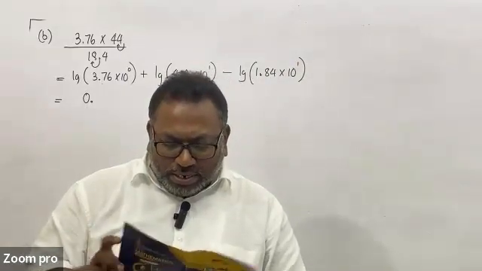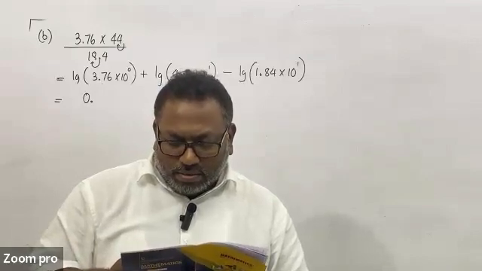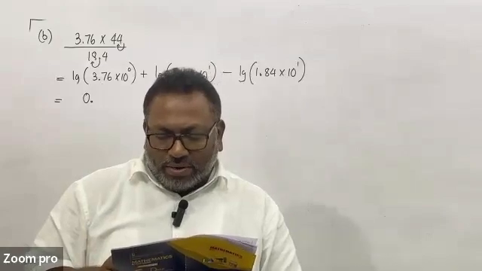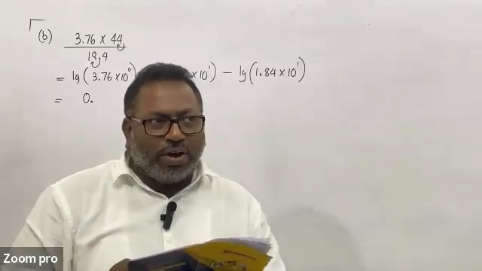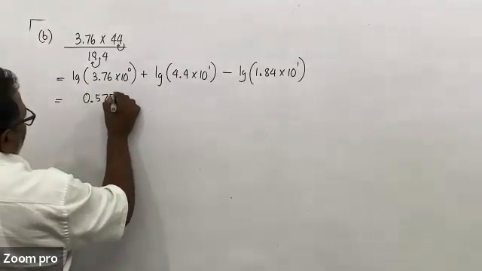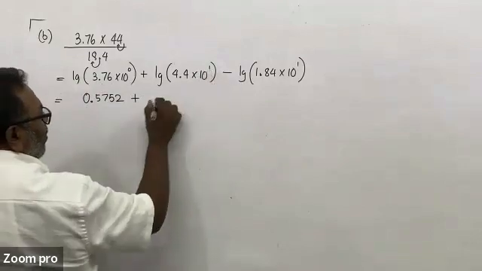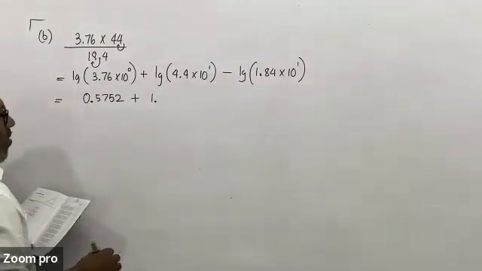3.76 is 5752, plus here this is 1. So straight away bring the 1 down.